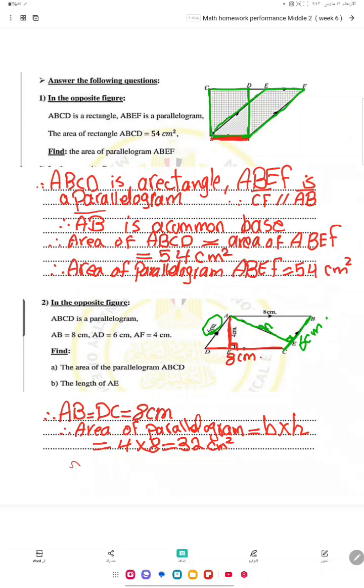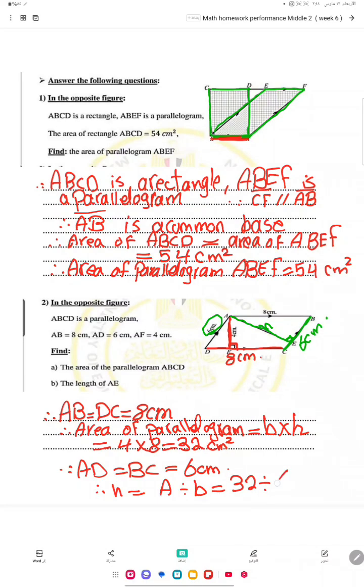So let's complete. Since AD equals BC equals 6 centimeter, we can get the height. The height equals area divided by base. So 32 divided by 6 equals 5.3 centimeter.